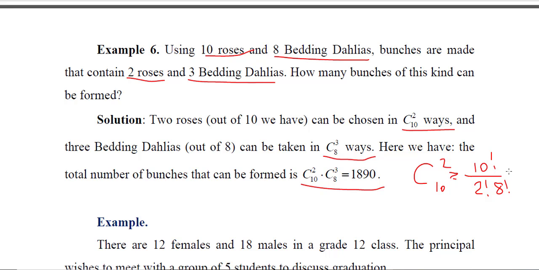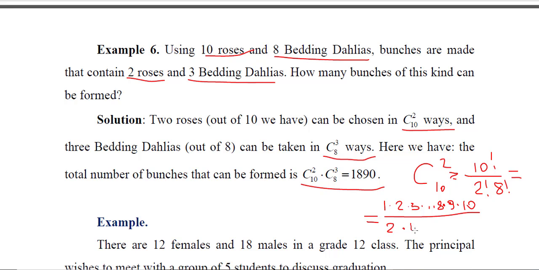Here 10 factorial and 8 factorial we can cancel, because in 8 factorial we have 1, 2, 3 till 8, and in 10 factorial we have 1, 2, 3 till 8, and then 9 times 10. And 2 factorial is just 2.